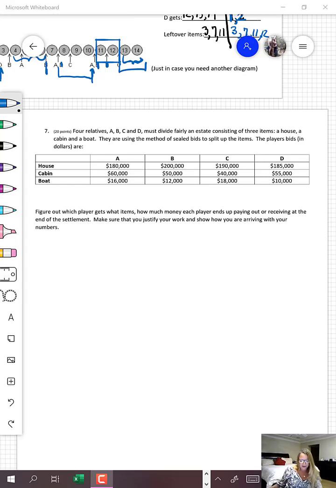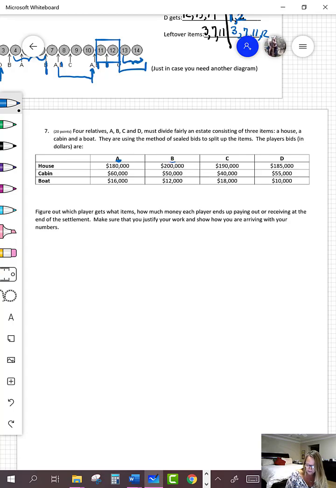Our last problem says for relatives A, B, C, and D must divide fairly an estate consisting of 3 items: a house, a cabin, and a boat. They are using again the method of sealed bids to split up the items. The players' bids are in dollars as follows. Player A believes that the house is $180,000, cabin is $60,000, and the boat is $16,000.